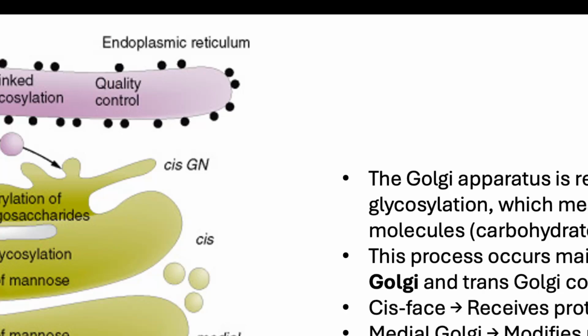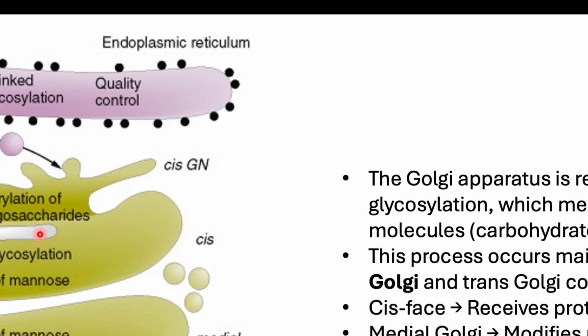But majorly the glycosylation, or addition of sugar residues, carbohydrate residues to the proteins, happens in the medial Golgi, while in the trans Golgi, sorting of these molecules happens, and cis receives the protein molecules from the ER. Is it clear to the students?